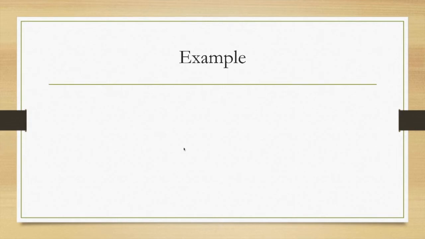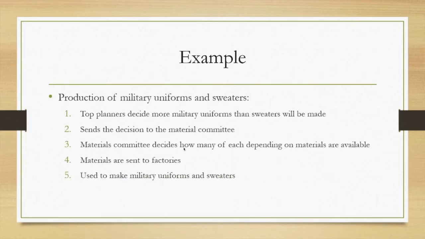So here's an example of how those questions are answered. First you have this idea: they need to decide on uniform military sweaters. Remember, we have that whole production possibility curve and making sure that you meet maximum efficiency. You have two goods, so let's look at your two goods as military uniforms and sweaters.